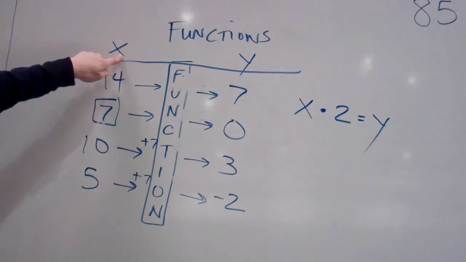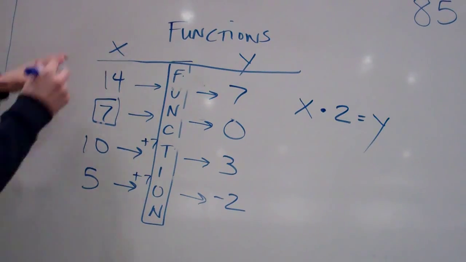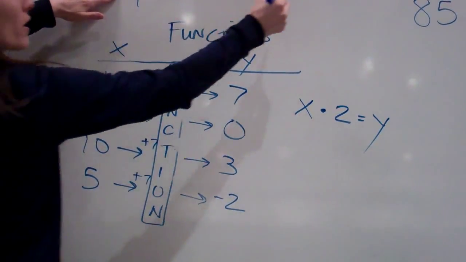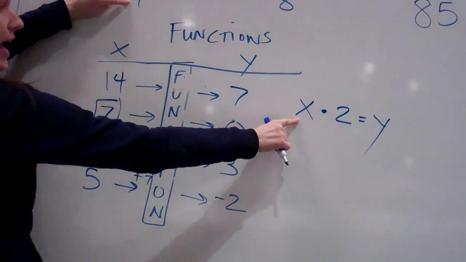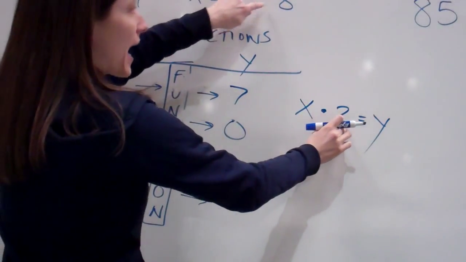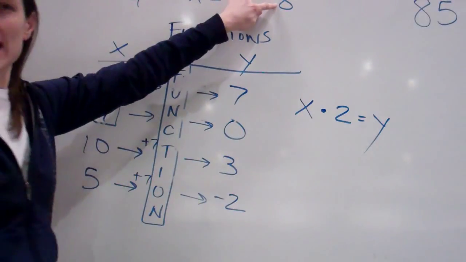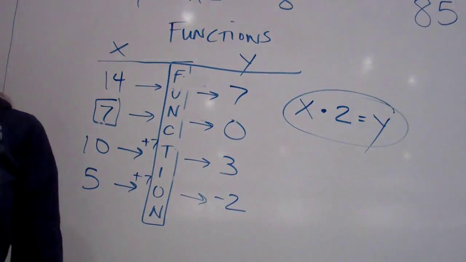For the first one that we did. Yeah. Okay, because, let me give you an example. We had 4 and 8 here. So if my x was 4, and I timesed it by 2, then I get y, which was my 8. Does everybody understand how I came up with this formula? Okay, using x and y.